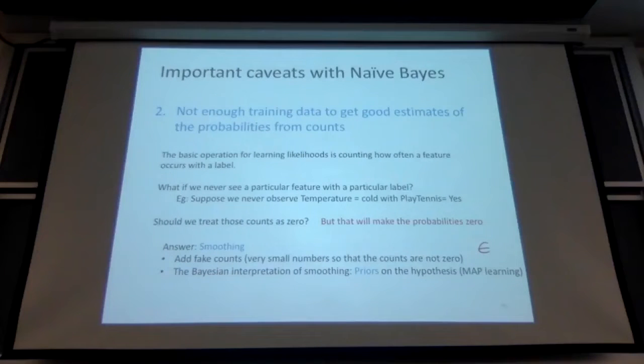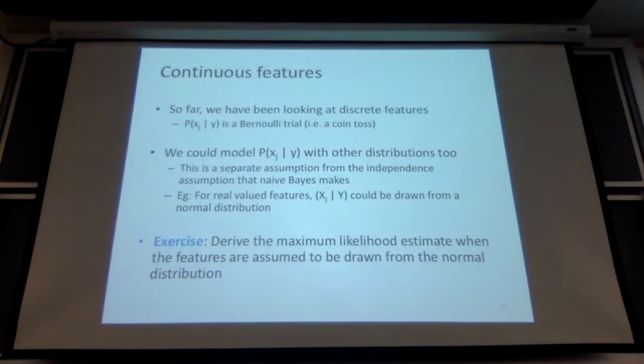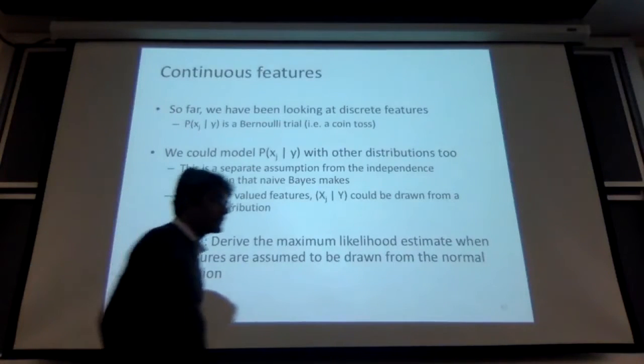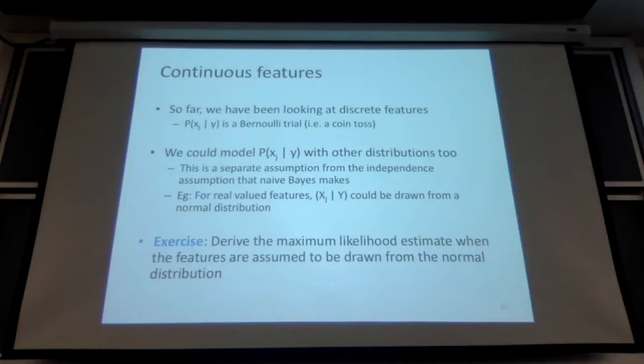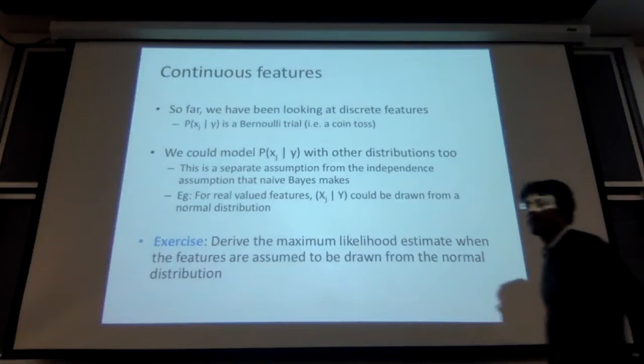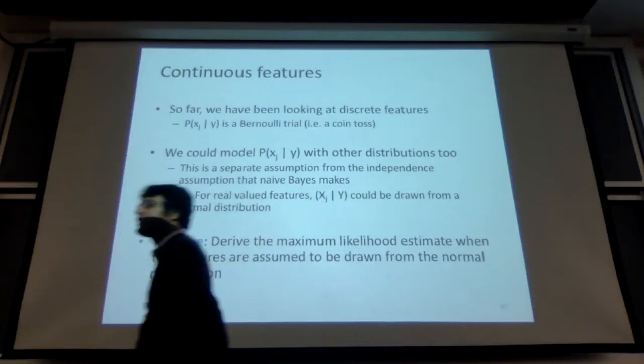If not, I'm going to summarize naive Bayes. There's one more practical thing, which is that everything that we've done so far pretends that we have discrete features. Maybe the features are zeros and ones, but nothing prevents us from using continuous features. All it is that you have a different probability distribution.